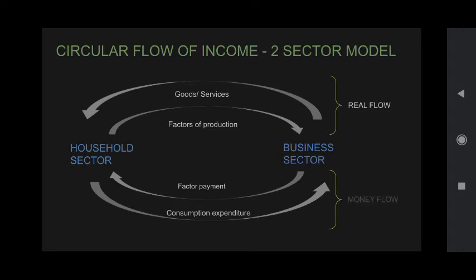The second is the money flow or monetary flow, and as the name itself suggests, it talks about money, the monetary payments. Since business makes payment to the household for their services in the form of factor payment, and the household makes payment to the business sector in the form of consumption expenditure, as the arrow shows you, this is known as money flow.